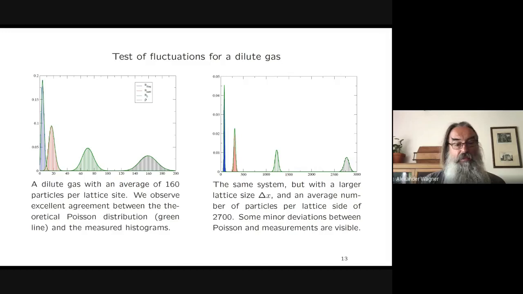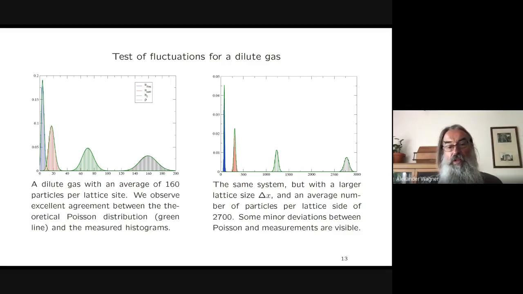So if we have lattice boxes that contain about 160 particles per lattice site on average, we find that the total density is indeed Poisson distributed, as are all the f_0s, the nearest neighbors and the next nearest neighbors in the D2Q9, all equally about Poisson distributed. And if you now make your box much bigger, you see that certainly for the total density it works well.